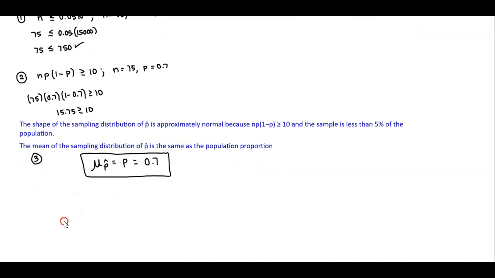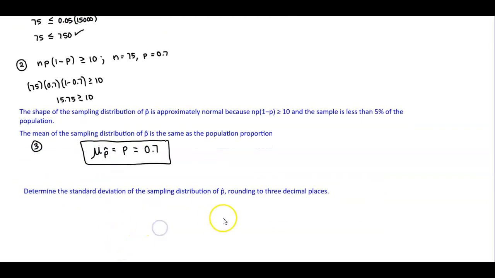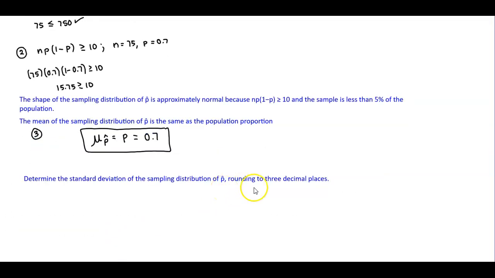Now we want to determine the standard deviation of the sampling distribution of the sample proportion, rounding to 3 decimal places. We know the formula for the standard deviation of the sample proportion is the square root of p times 1 minus p over n, where p is equal to 0.7 and n is equal to 75.